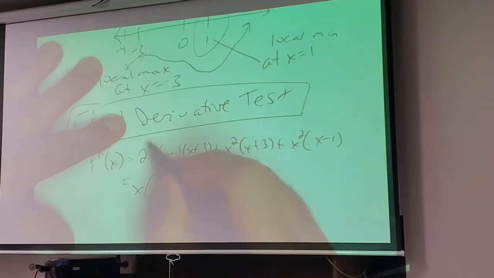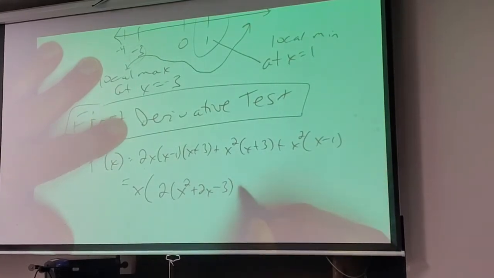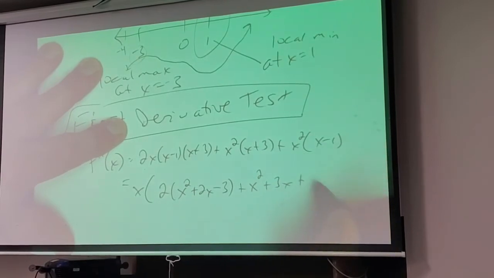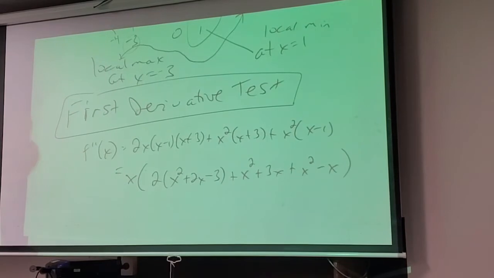So then I've got, let's see if we can do this, 2 times x squared plus 2x minus 3, plus x squared plus 3x, plus x squared minus x. Okay, let's see if you guys are cool with that.